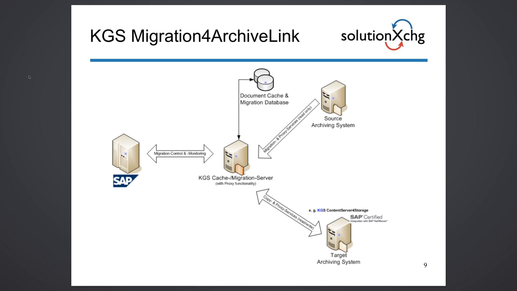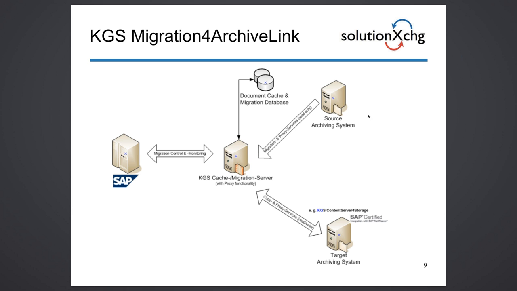What we chose and what we proposed was a migration using the KGS migration for ArchiveLink tool. And as you can see in this graphic, the tool has a specific advantage. It is basically inserted as a proxy functionality between your SAP system and your source archiving system.